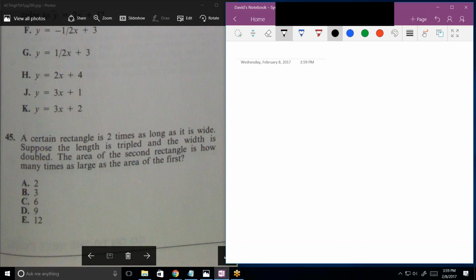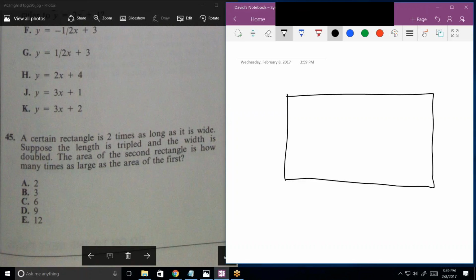All right, 45. The moment I read the first 3 words, a certain rectangle, I'm drawing a rectangle on my piece of paper. Now, it's 2 times as long as it is wide. Forget everything after the first sentence.